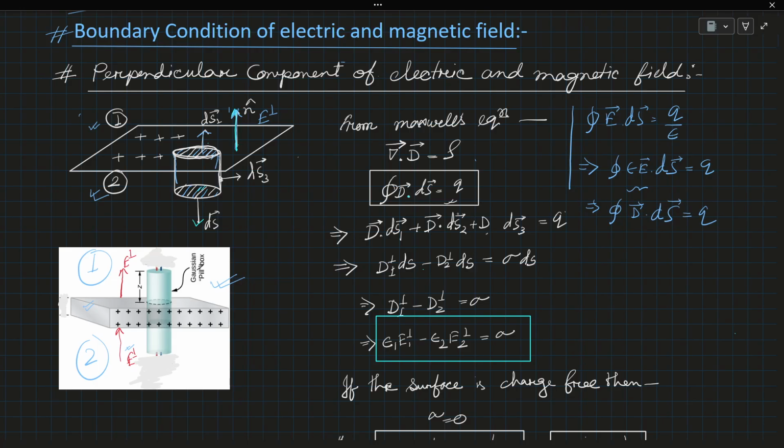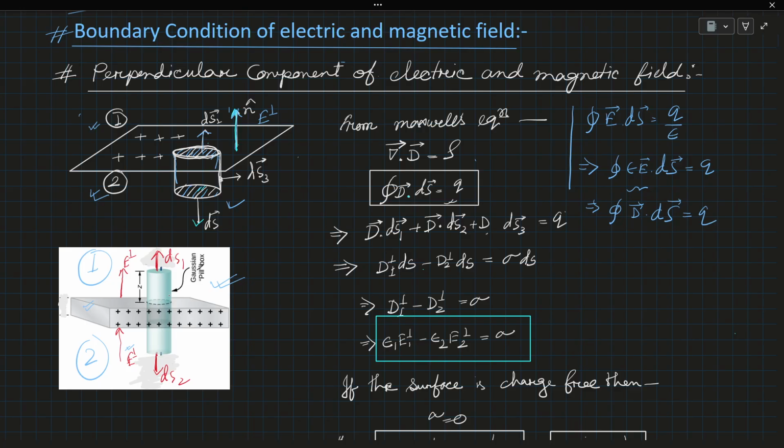Now, on applying this to this Gaussian pillbox, I can separate this integral into the integration over different surfaces. The first one is dS1, which is in the upward direction. For the lower surface this is dS2. These two are plane surfaces.